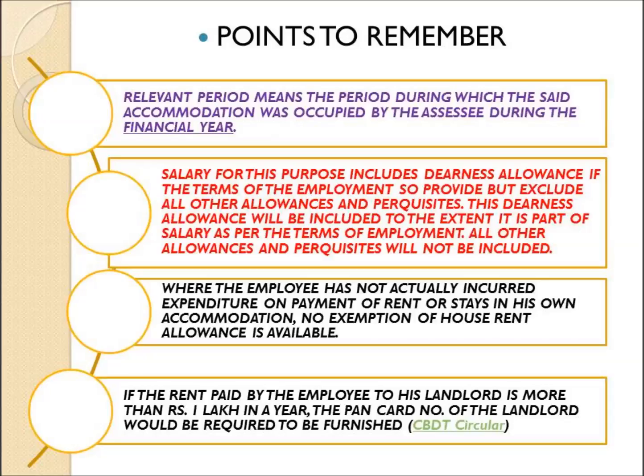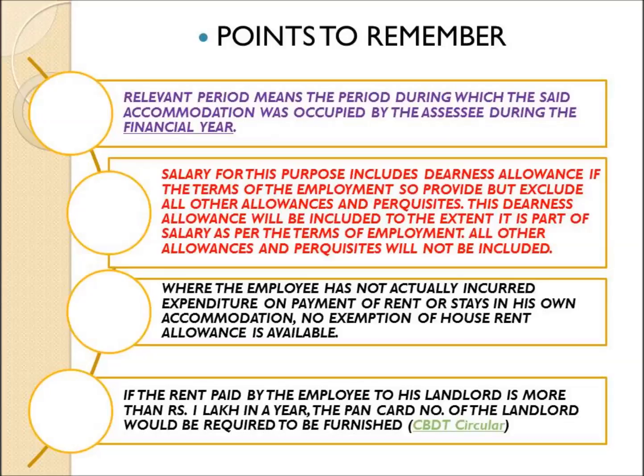Basic pay is included in every exemption, that is whatever be the case, the basic pay will be included. And here the dearness allowance will be included only if the terms of employment so provide. So if the terms of employment provide that the dearness allowance will form part of the basic pay, or the dearness allowance will form part of the retirement benefits, then only the dearness allowance will be included in the salary, and no other allowances and perquisites will be included for the purpose of calculating exemption of HRA under section 10 subsection 13A.